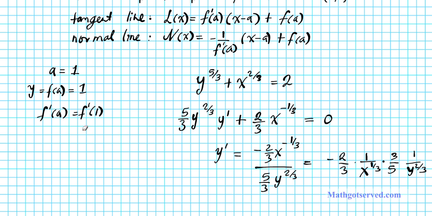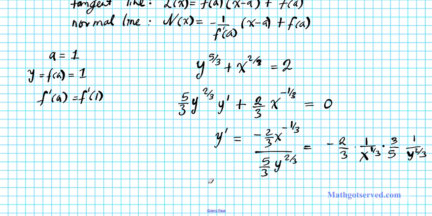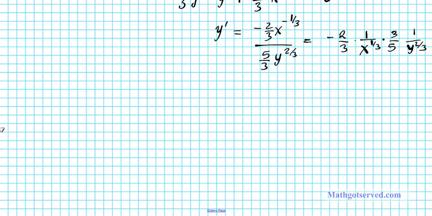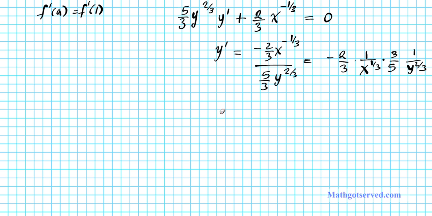Canceling out those 3's, our final answer for the derivative y prime is negative 2 over 5 times 1 over x to the 1/3 y to the 2/3.